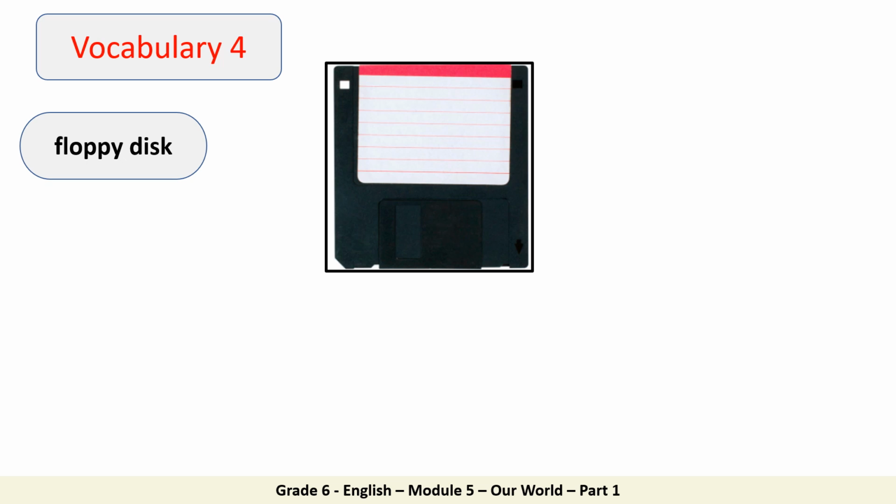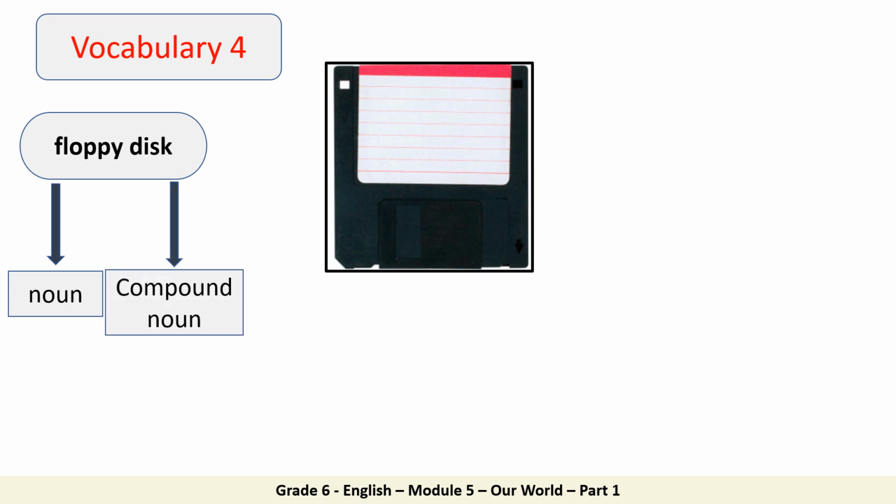Very good. Now, please tell me, what is the part of speech of this one? Floppy disk. That's right, it's a noun. Yes, and it's not only a noun, it's a compound noun, which means that we combine two words together to give us a specific function, which is the noun. Please repeat. Floppy disk.